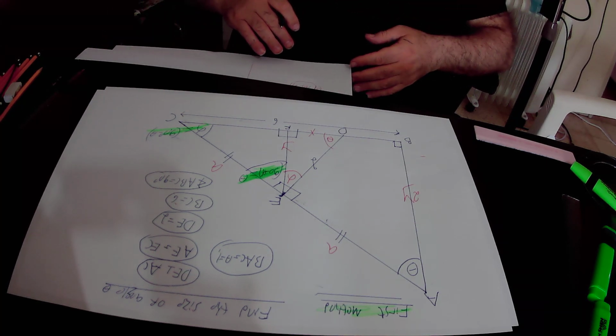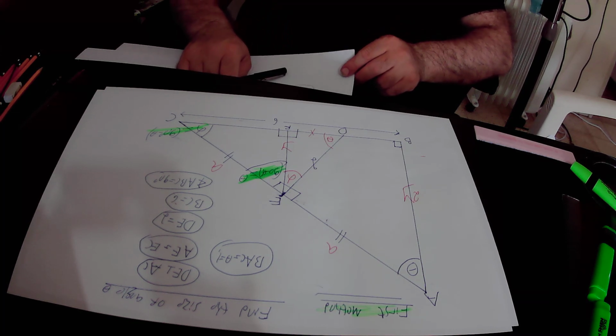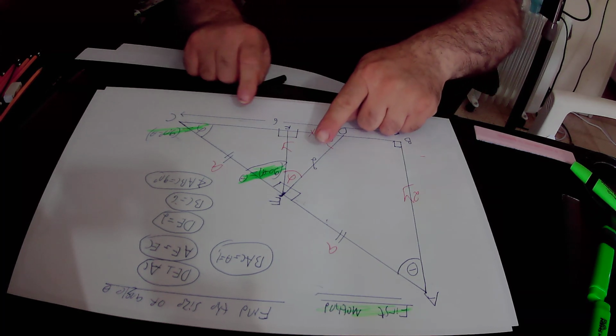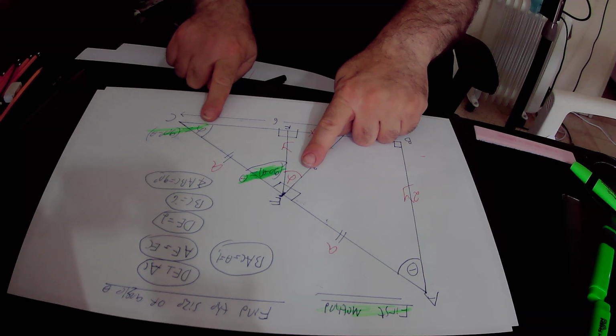And finally, those two angles are both equal to alpha, therefore they are equal to each other.